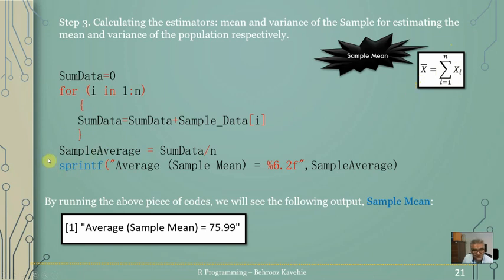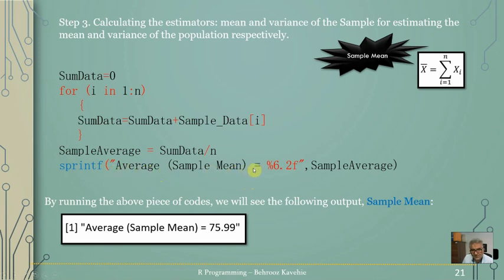All I have to do now is to run the program and use the sprintf command, which is used in files and is actually a very useful command to show my formatted result. Let's go through the command. In parentheses, write average or sample mean.